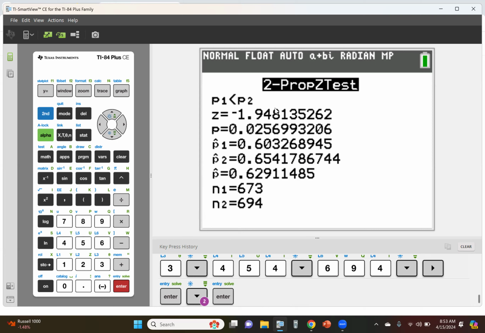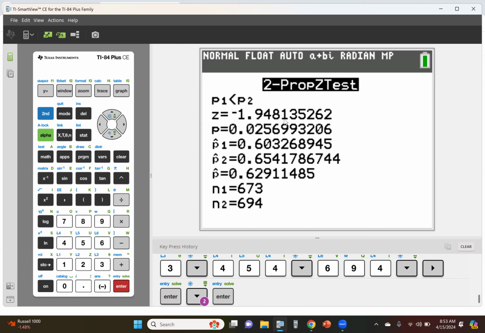The p-value is 0.0257. They told me my z-score was wrong, and to round it off to 3 decimal places. If I round to 3 decimal places, I get negative 1.948. Is that what you guys got?